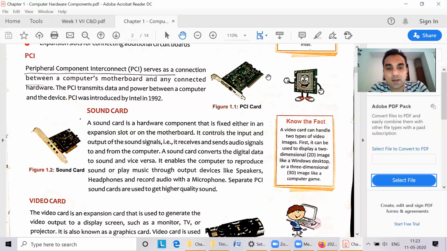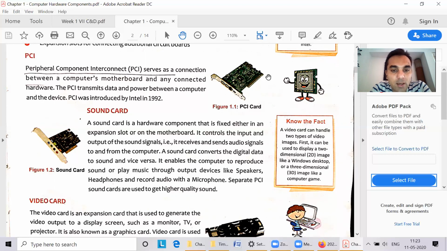Okay, sound card. A sound card is a hardware component that is fixed either in an expansion slot or on the motherboard. It controls the input and output of the sound signals.